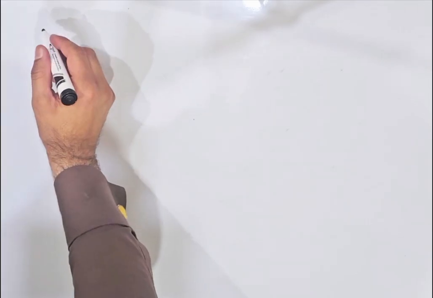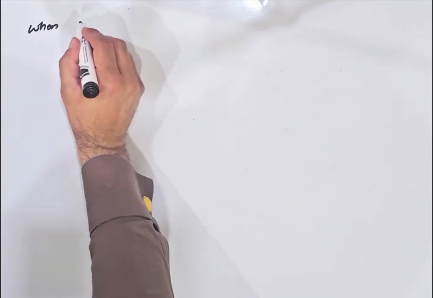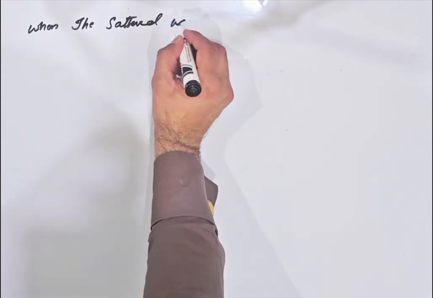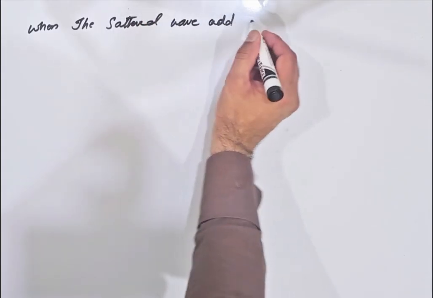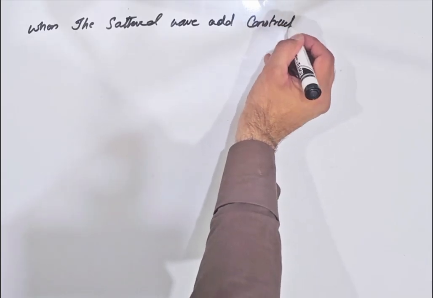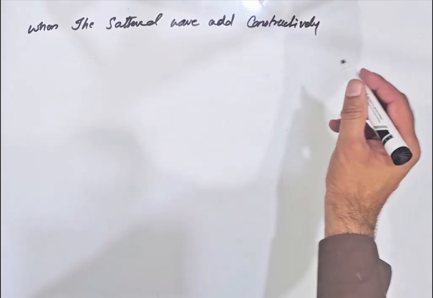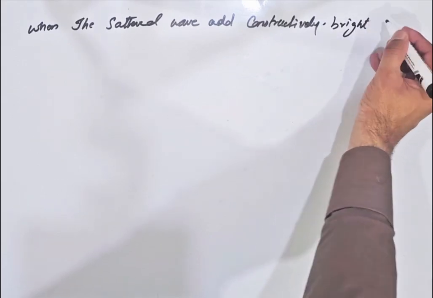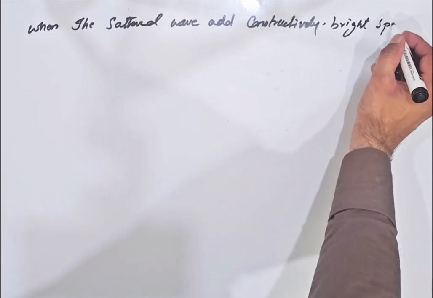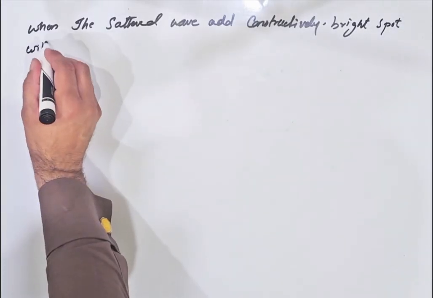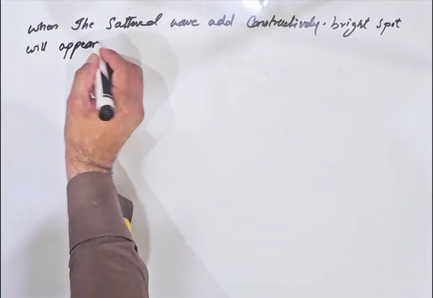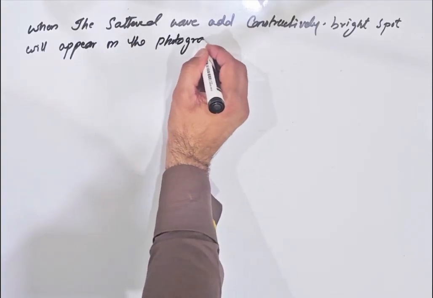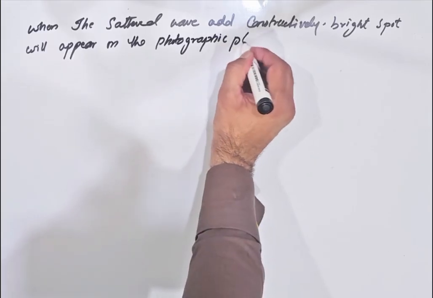When the scattered waves add constructively, a bright spot will appear on the photographic plate.